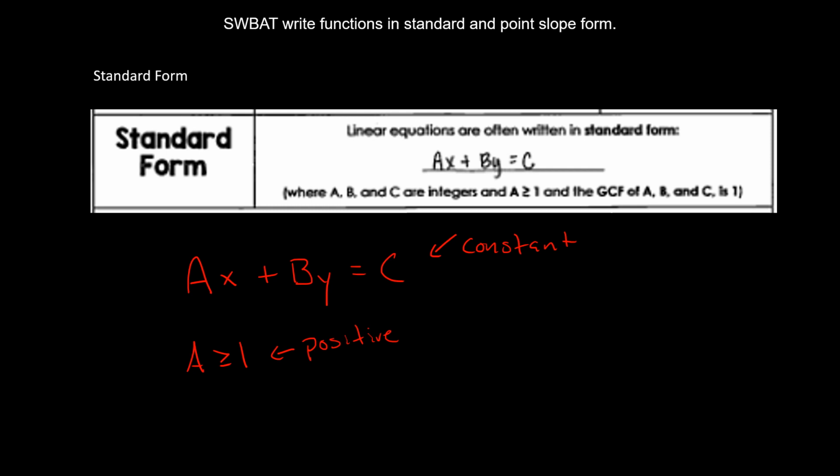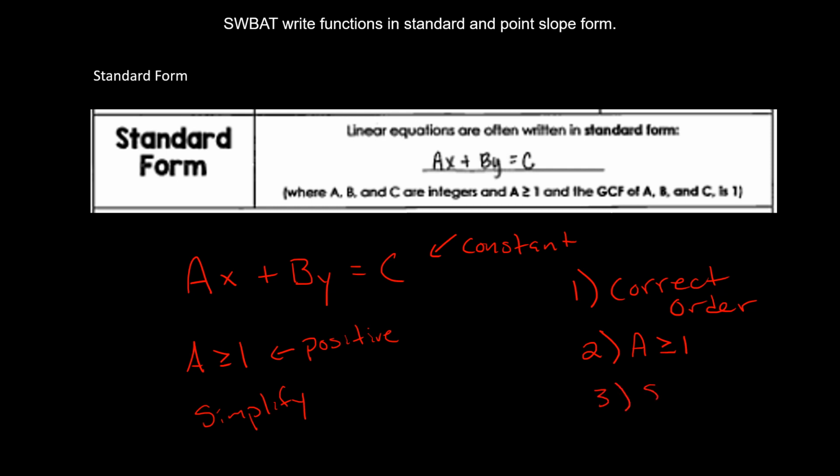In other words, we need to simplify. So we want to make sure that we have 1, the correct order, 2, that A is greater than or equal to 1, and 3, we need to simplify.